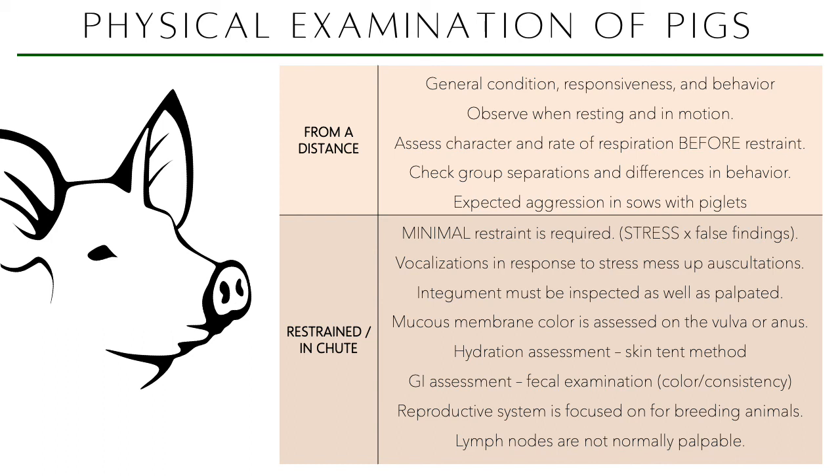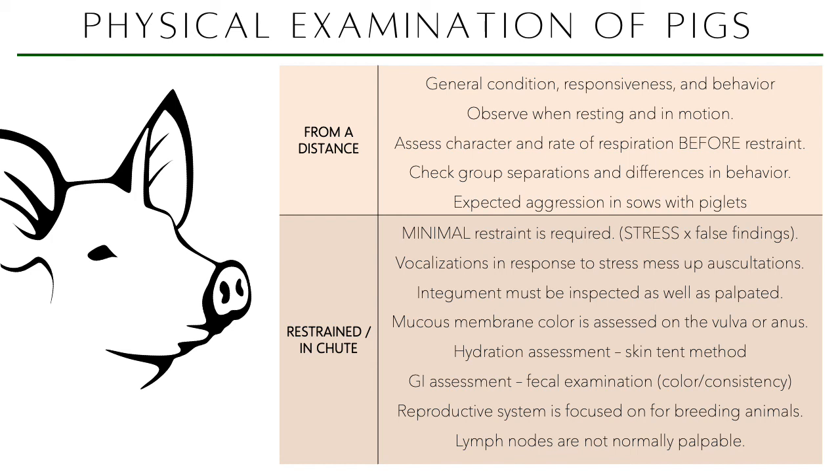You can try, but since the skin is very much stretched, it's difficult. So you usually just assess with the palpebrae as well, the nose. Gastrointestinal assessment by fecal examination is routinely done. You assess the color, the consistency. A lot of the conditions and pathological diseases happening to pigs, which may or may not necessitate surgery, are affecting the gastrointestinal system.